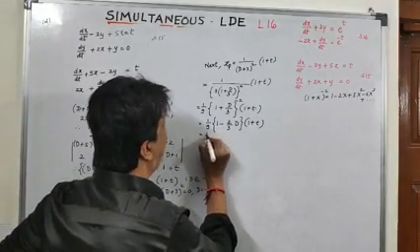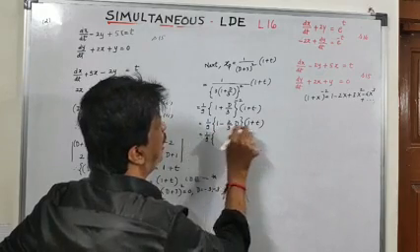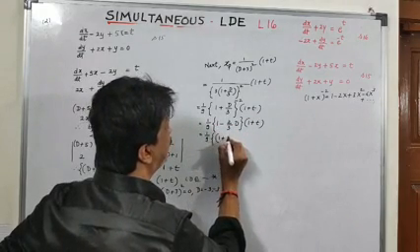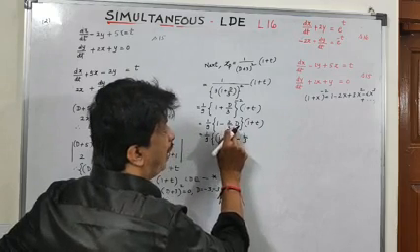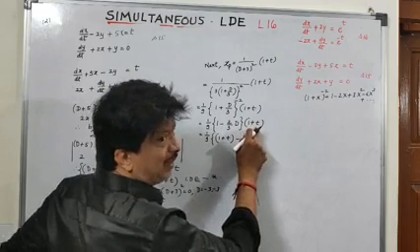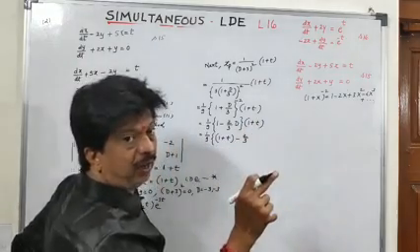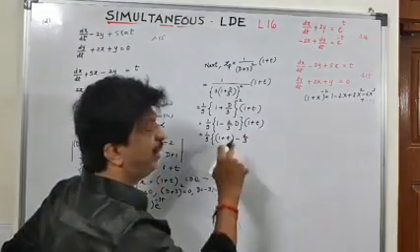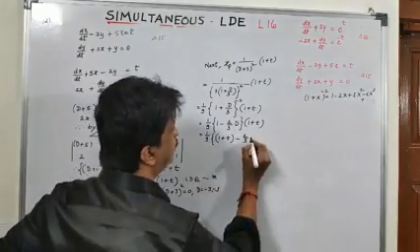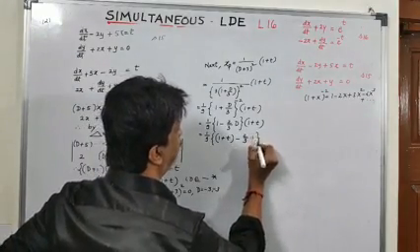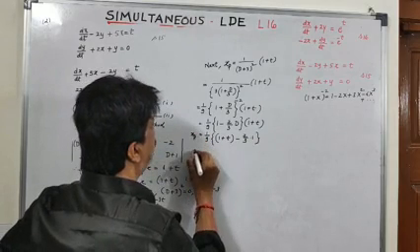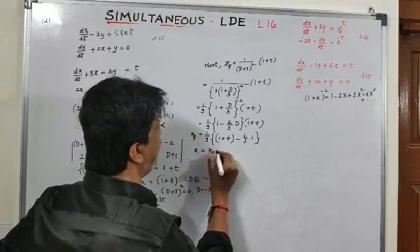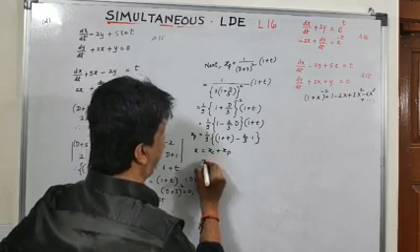1 by 9 times 1 into 1 plus t is 1 plus t, minus 2 by 3 times derivative of 1 plus t. The derivative of 1, a constant, is 0, plus d of t with respect to t is 1. So it is 1. So this is the value of xp. So x is equal to xc plus xp.